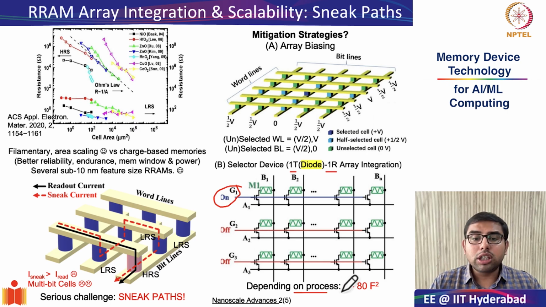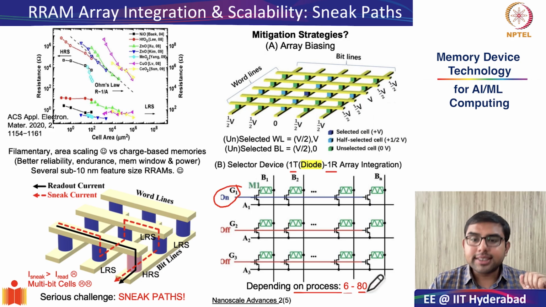Depending on the process, it can be as good as 6F squared for large technology nodes where the transistor node is very large, or it can even become 80F squared if the transistor technology node is very, very small. Therefore, sneak paths are the key issue which prevents the area scalability or large area integration of RRAM arrays.